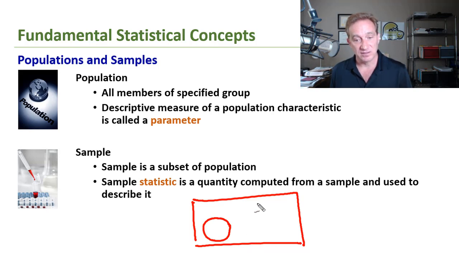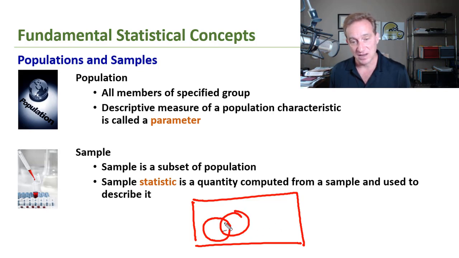The sample is a subset of the population, and here's an important implication of this. If we've defined the population as a certain group, then every time we went back to look at the population, we would get the same rectangle, right? But the sample, if we observe it randomly or draw it randomly, you can see how we should not expect to get the same sample every time.